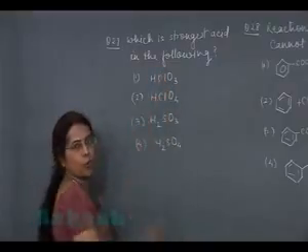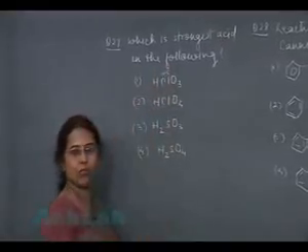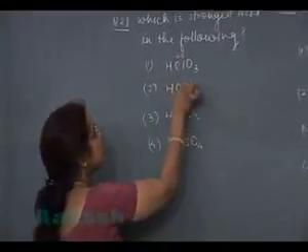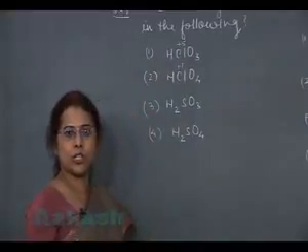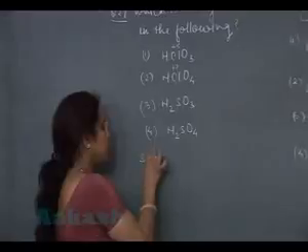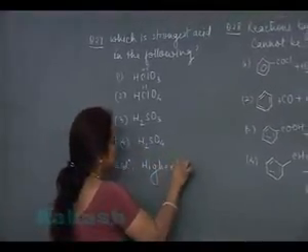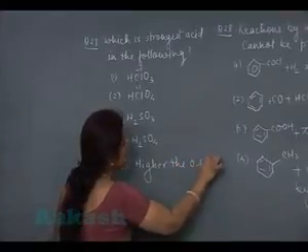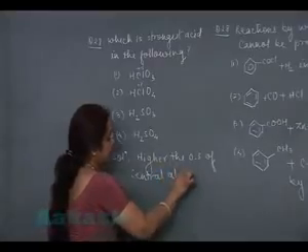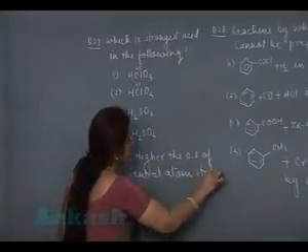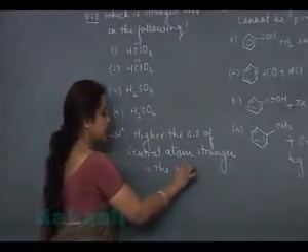Now in these two options, in first option chlorine is present in +5 oxidation state, while in second option chlorine is present in the +7 oxidation state. According to the rule, higher the oxidation state of central atom, stronger is the acid.